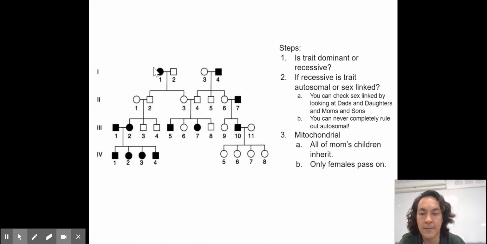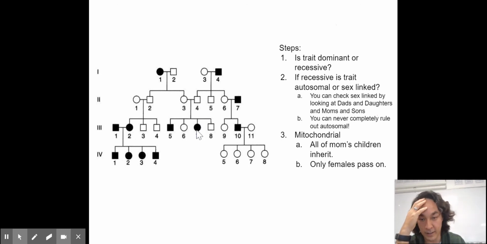So far, it works here in this part, but it doesn't work here. Mom has the disease and the son does not have it in 2. So in 1-1 and in 2-2, mom has it, son doesn't. So it can't be sex-linked, right? It's not following that pattern. Here you can see that this daughter has it, but her dad doesn't. So it can't be sex-linked here either.